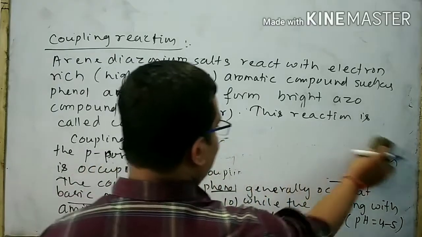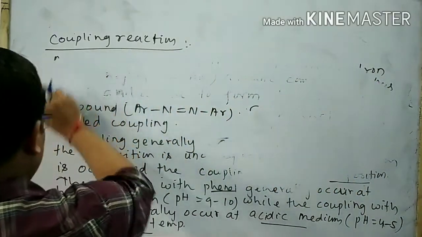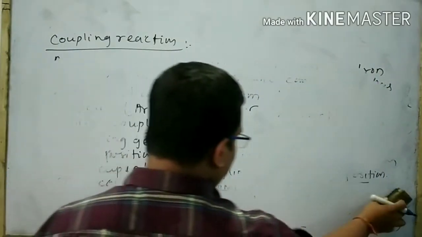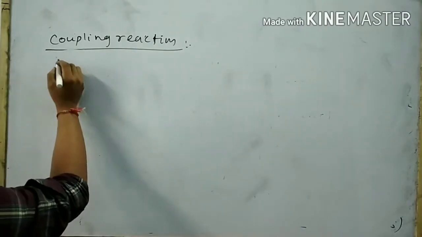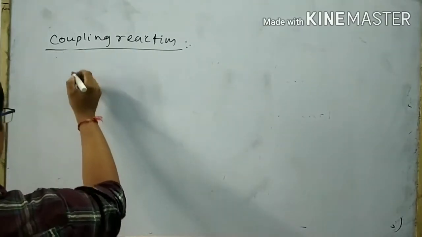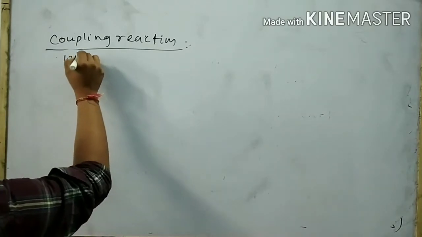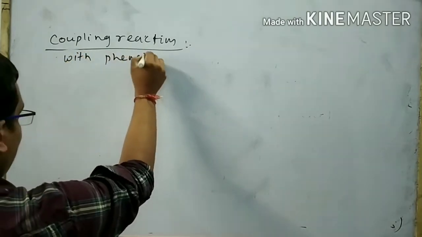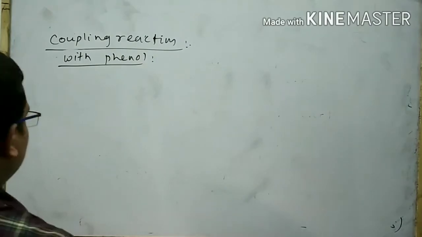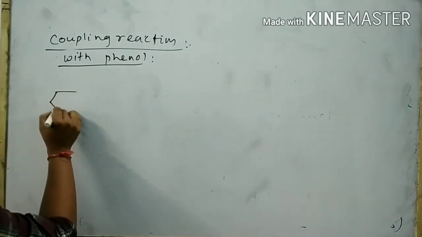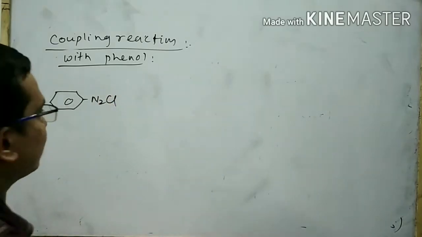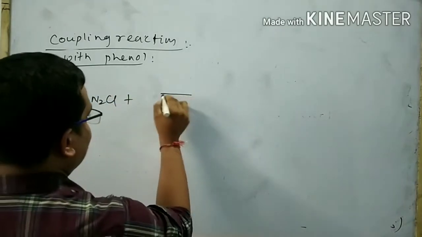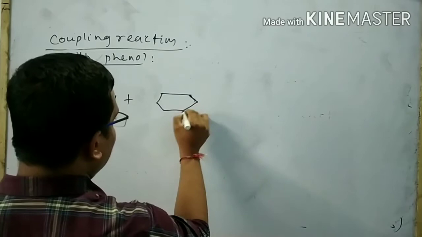Now I will think about the coupling with phenol. I will take the example of coupling reaction with phenol. Take at first BDC. This is said to be the BDC molecule. Now it is subjected to reaction with phenol.